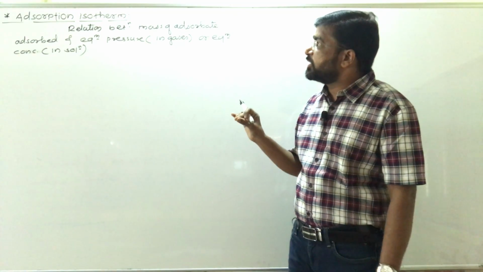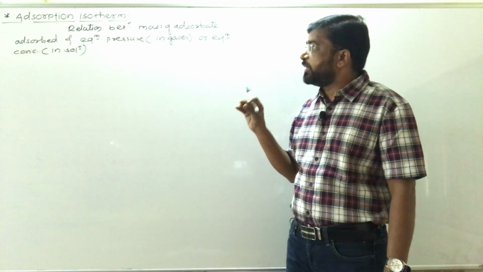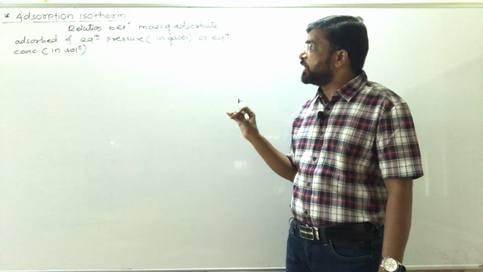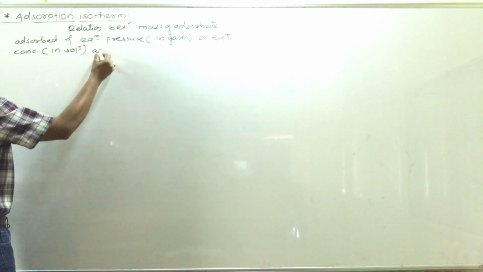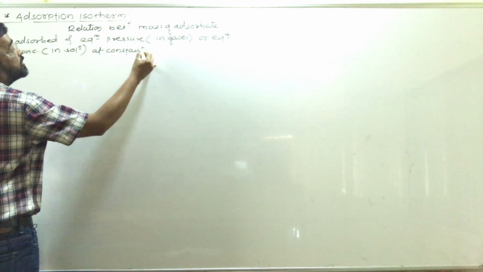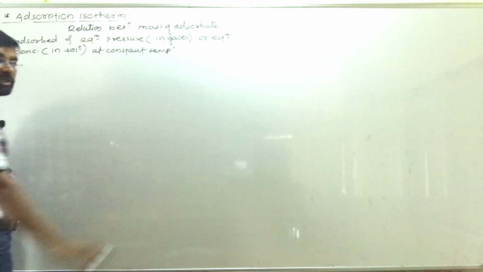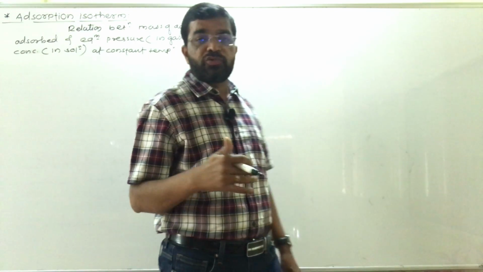So that is nothing but the relation between the mass of adsorbate adsorbed and equilibrium pressure or equilibrium concentration at constant temperature, and it is called the adsorption isotherm.